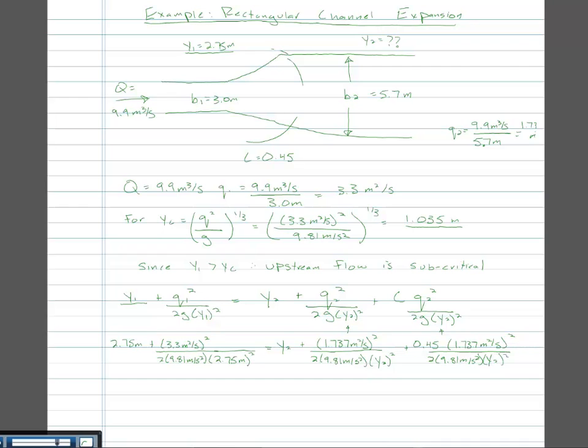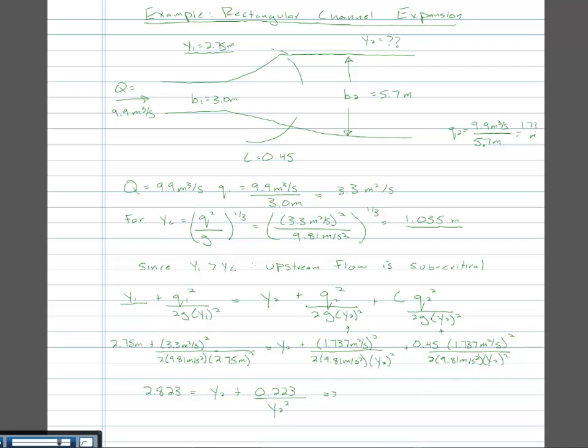If we combine everything together, we'll get 2.823 is equal to y2 plus 0.223 divided by y2 squared.